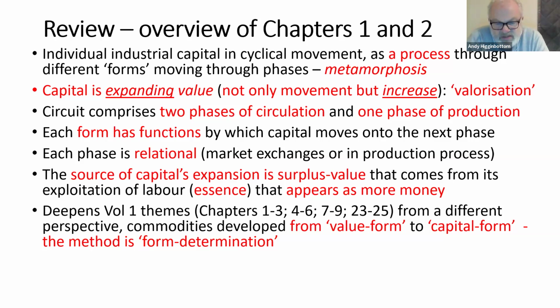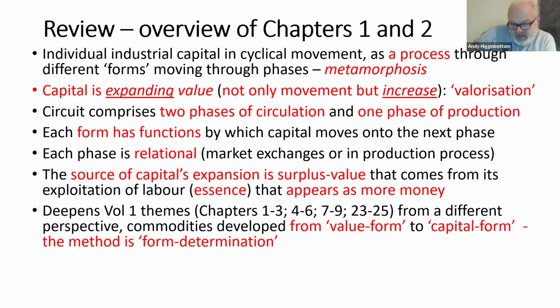So he's looking at similar material, I should say, but from a different perspective, which is the question of circulation. Instead of looking at commodities as value forms, he's developed a concept now because he's looking at them as forms of capital, or capital forms, if you like.